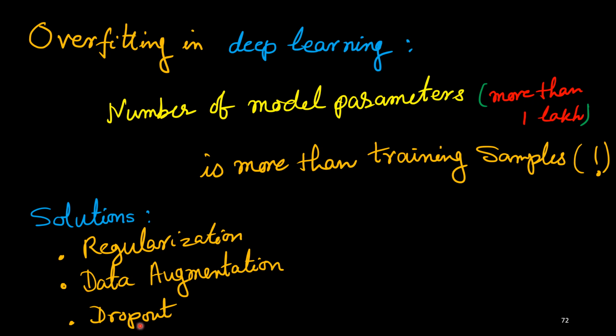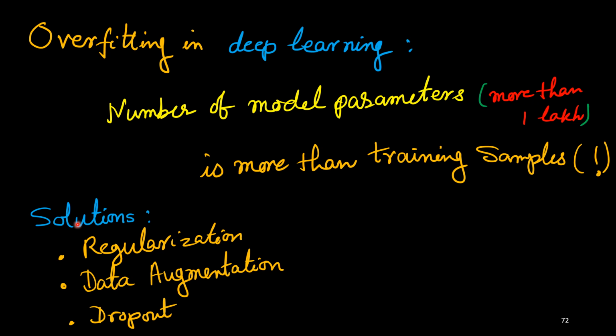The other way is dropout. We can reduce the number of model parameters. How? In the intermediate stage, we'll consider only a very few number of parameters that we'll try to tune, and the rest will be kept as they are. Those will be ignored.